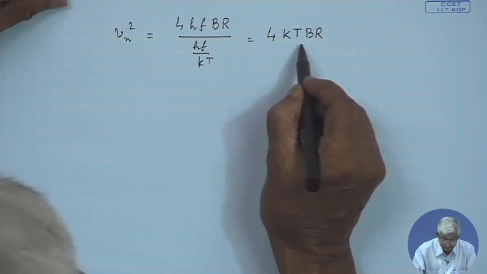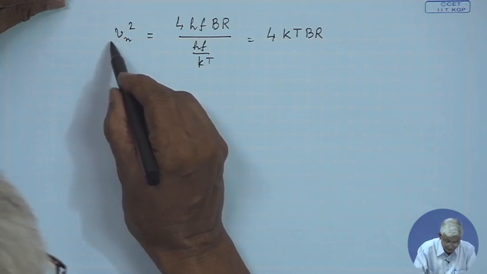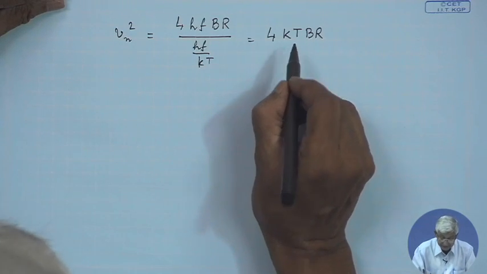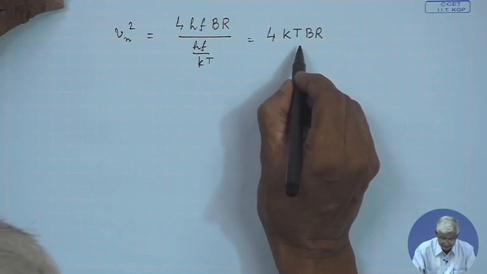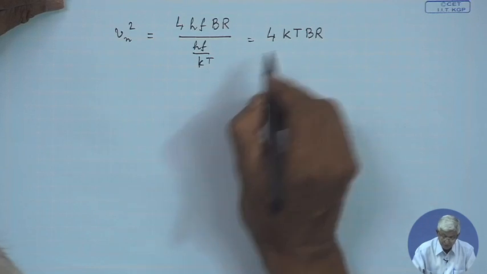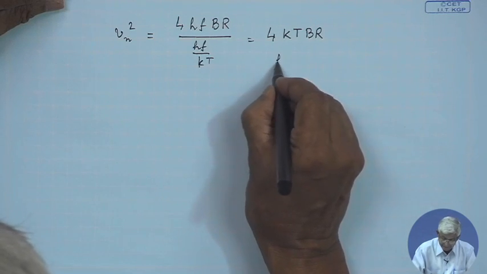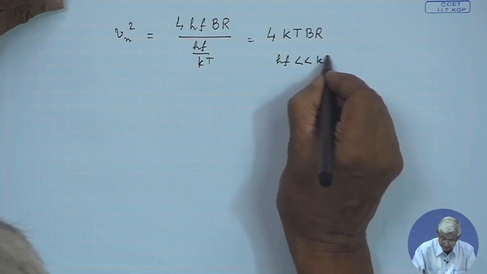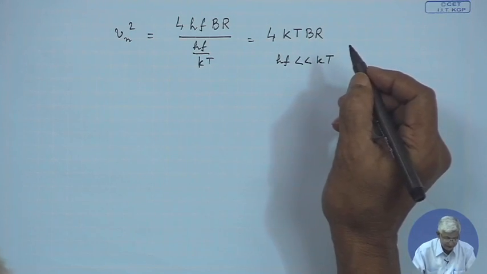So, it is frequency independent. That means it is a white noise, but obviously there is an assumption. The assumption is that it is true for h f smaller than k T, otherwise we have to go back to Planck's original formula.